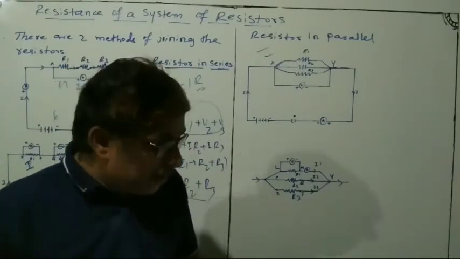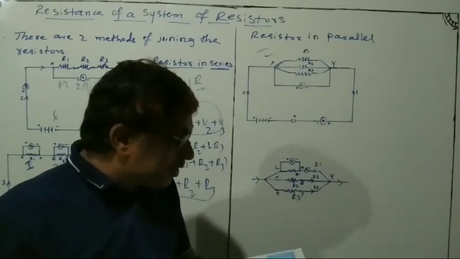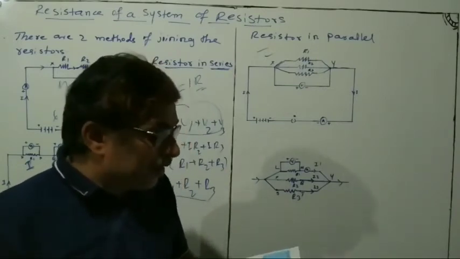It is observed that the total current I is equal to the sum of the separate currents through each branch of the combination.